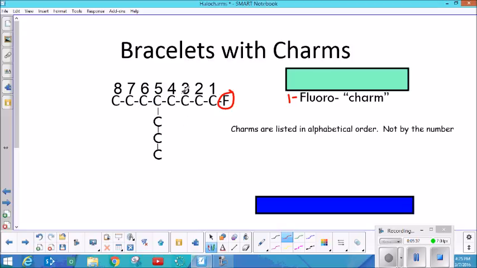Okay. The next thing that I have is off of number 5. Off of my number 5 carbon, I have 1, 2, 3 letter C's. Remember, if you're counting letter C's, you have to use the prefixes for carbons. So that was meth, eth, prop, but, and then actually from there, there's no difference.